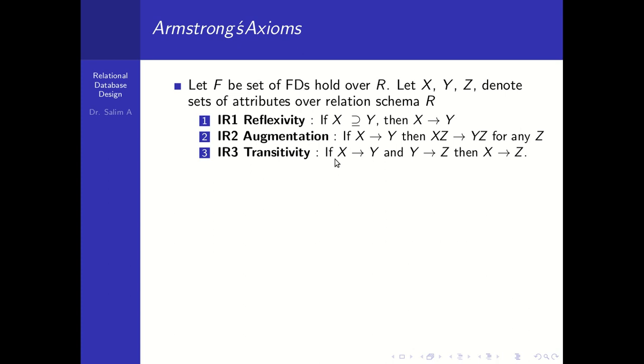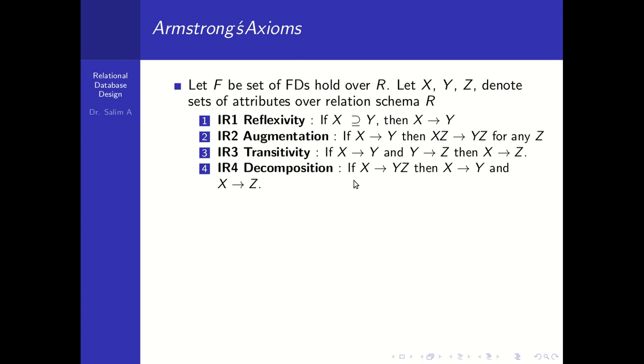That means if you have X determines Y as an FD and Y determines Z as another FD, then X determines Z holds. That is the third rule, which is known as transitivity. These three are the basic Armstrong axioms. And IR4, the decomposition rule. Therefore, all six are also known as Armstrong axioms or inference rules.